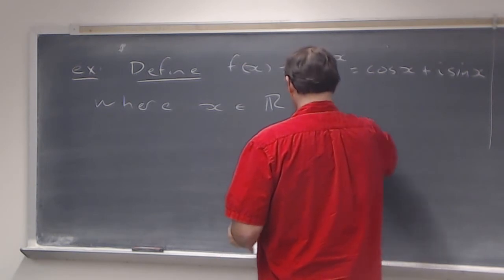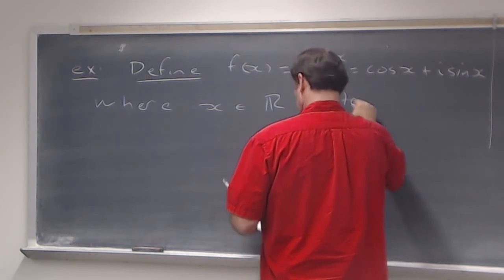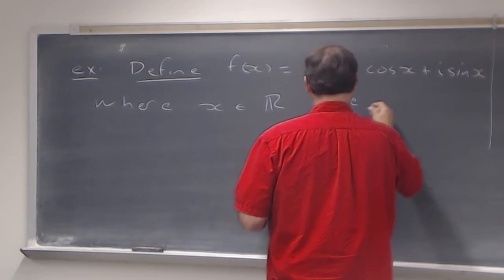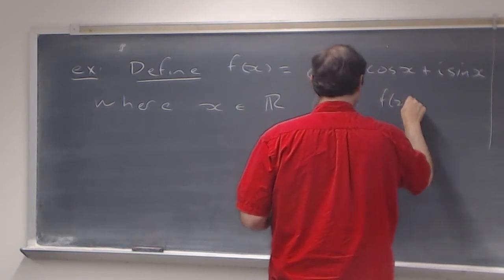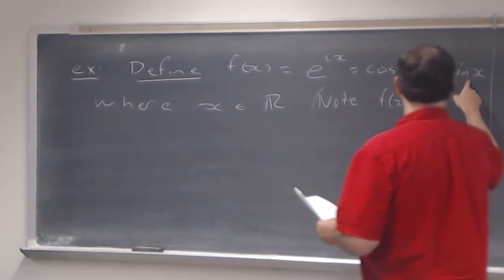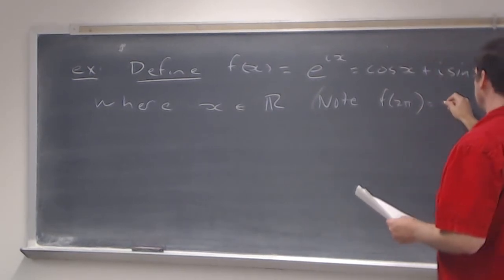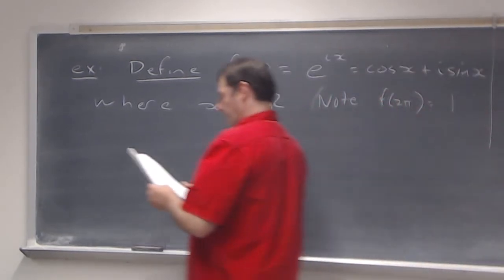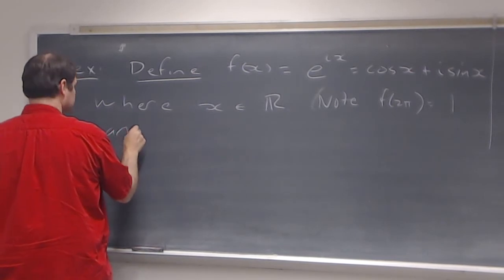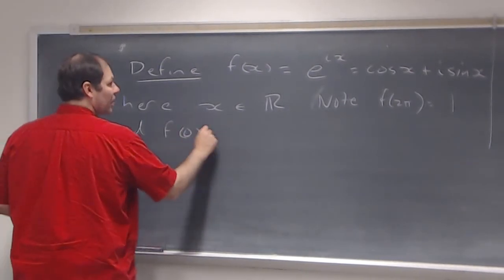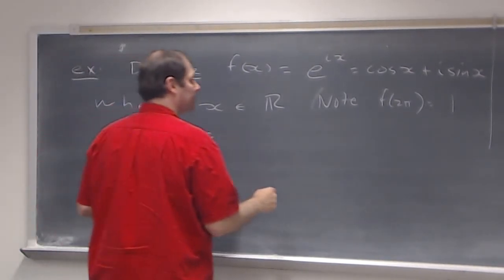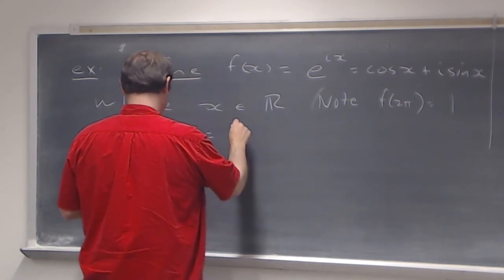First of all, note that f of 2 pi would be 1, and f of 0 would also be equal to 1.